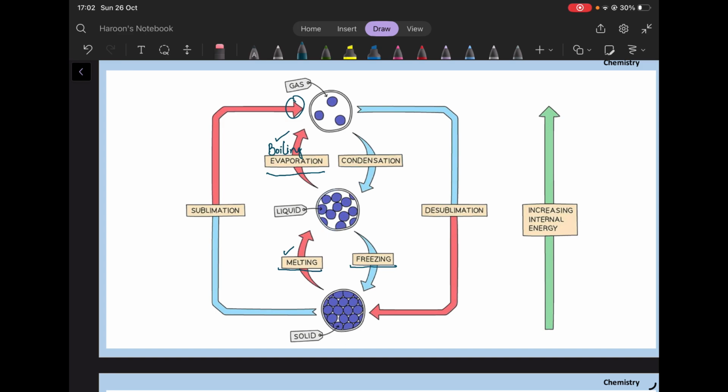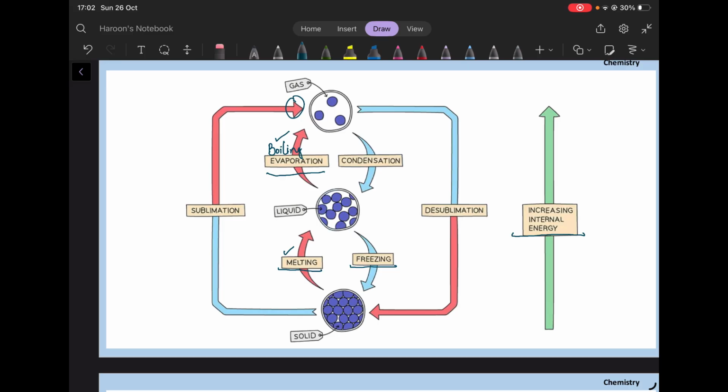So when we have increase in kinetic energy, basically we say increasing internal energy. This internal energy concept is examinable for your physics syllabus. What we mean by internal energy is basically a combination of two types of energies: kinetic energy plus potential energy.